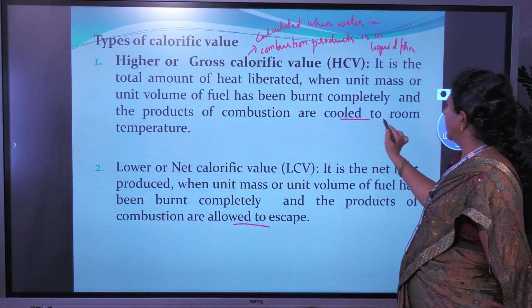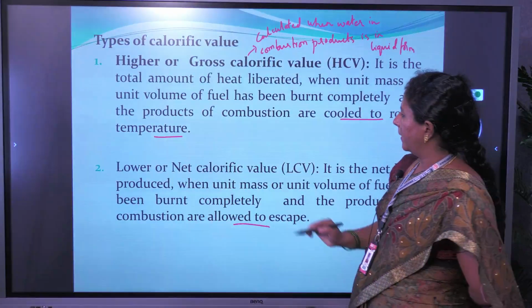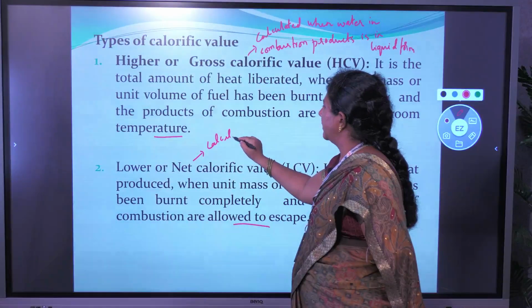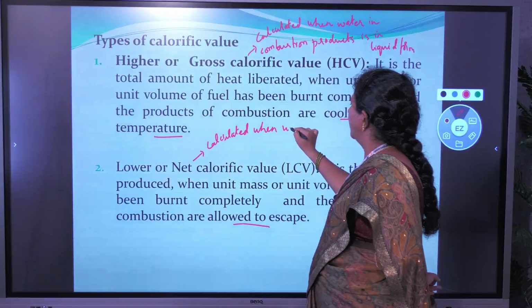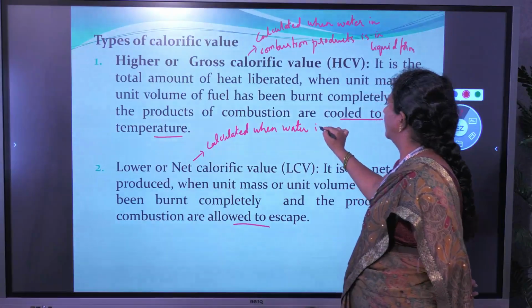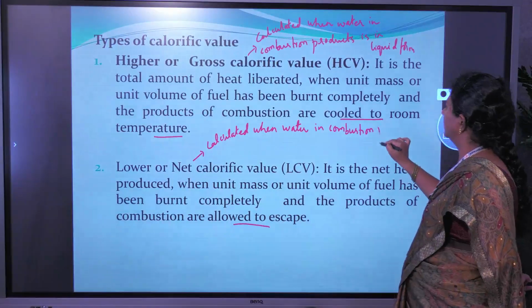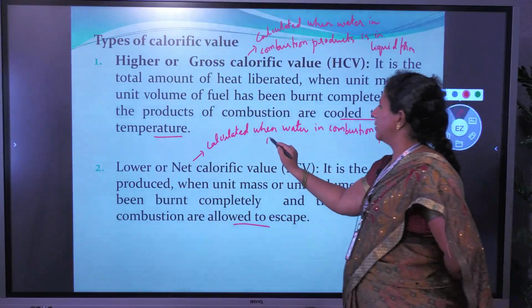So that's why we are showing they are cooled to room temperature. And this net calorific value is calculated when water in combustion products is in vapor form.